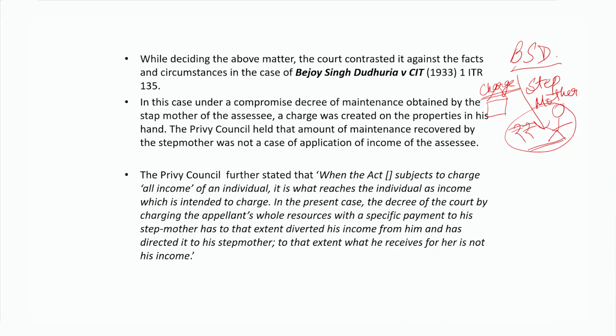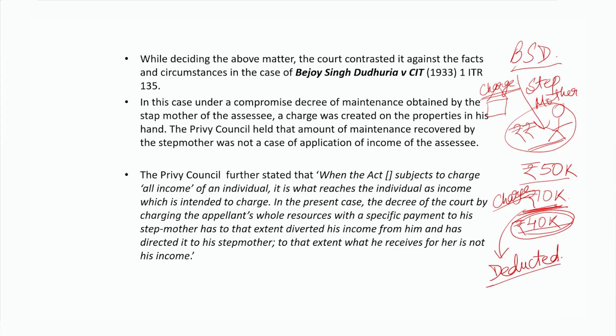So going back to our similar example, wherein we were talking about 50,000 and then we said that your 10,000 is going out as diversion and you are going to pay tax on only rupees 40,000, right? So over here, when the charge was created on this particular property of Bijoy Singh Dudhoria, this amount got deducted, right?